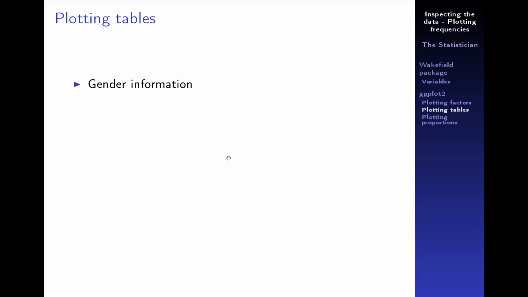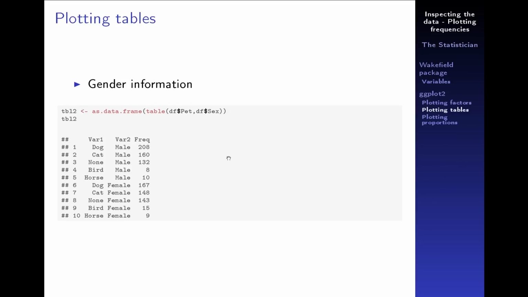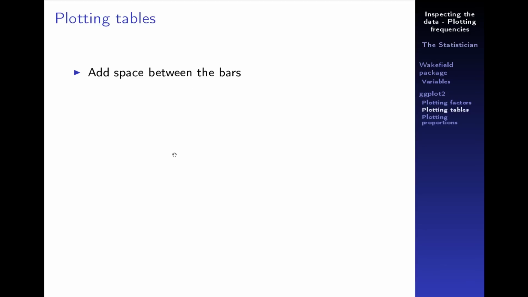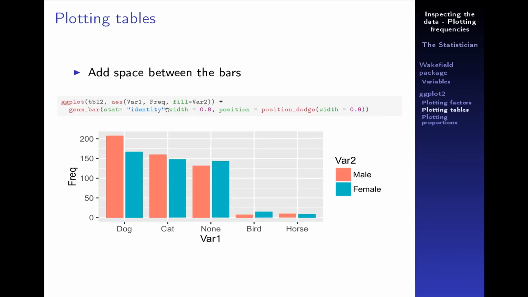And with tables we can have more variables, for example the gender, and as a data frame it will have another variable called Var2, and we can use it as a filling color.